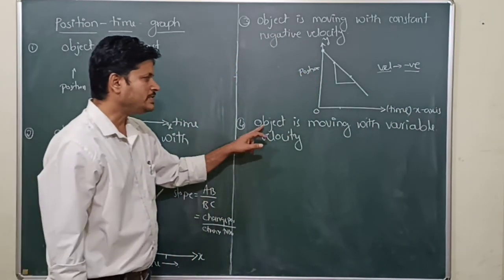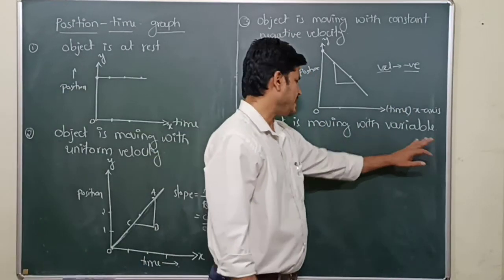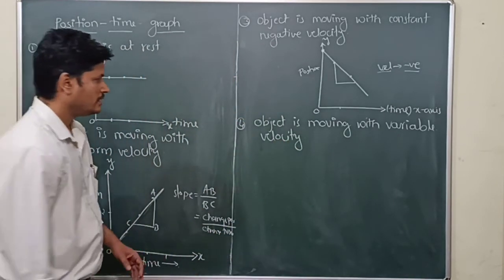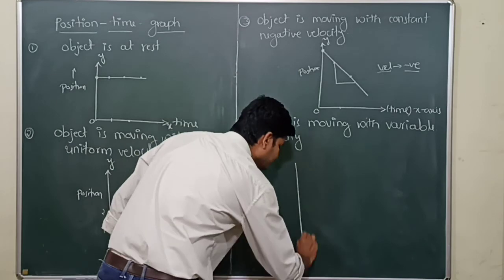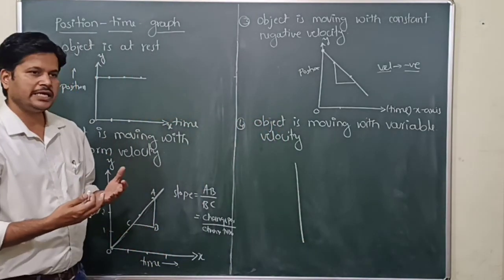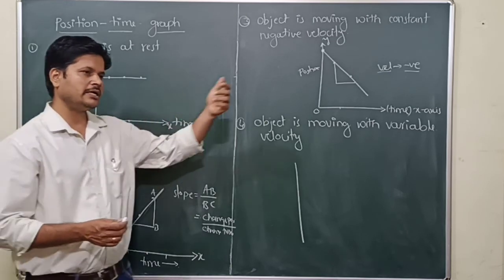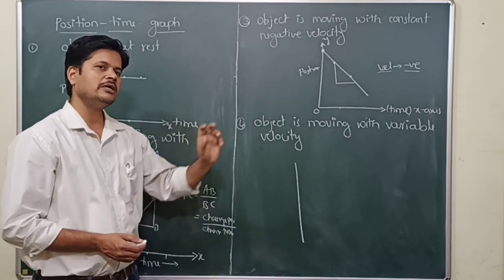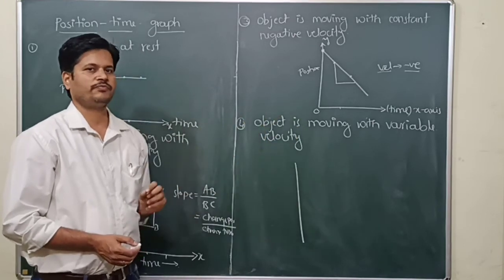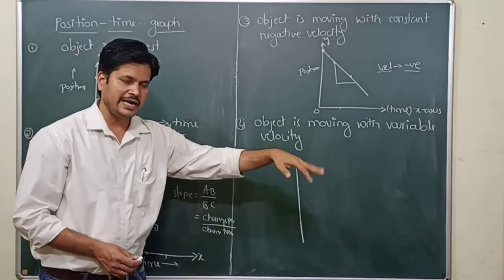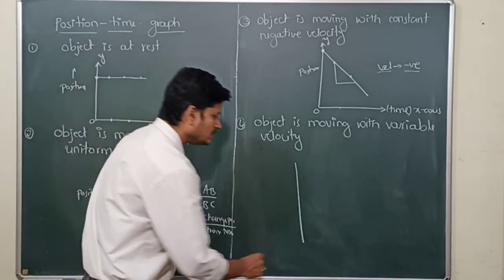Now, the object is moving with a variable speed. Variable speed means initially the object velocity is 3 meters per second positive. After a certain interval of time, the velocity becomes 0. After a certain interval of time, the velocity becomes negative. Like this.